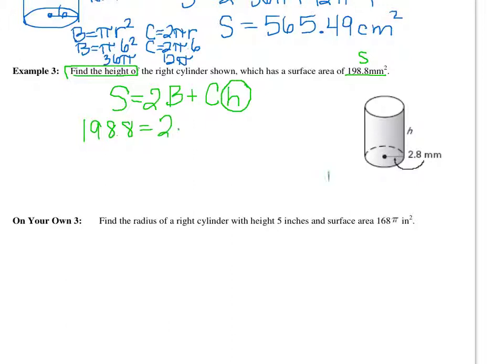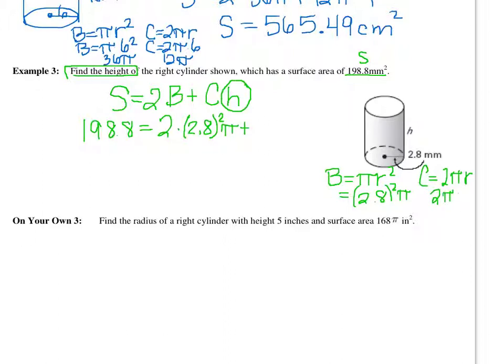2 times my base, let's find that. It's a circle, so it's pi times my radius squared. So it's 2.8 squared times pi. So I've got 2.8 squared, just going to put that in here, times pi, plus my circumference. Circumference equals 2 pi times my radius.